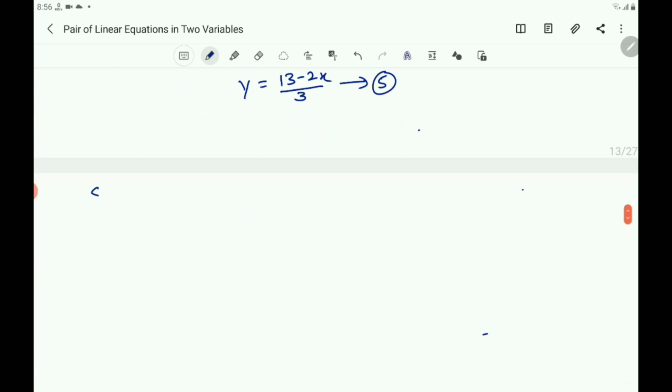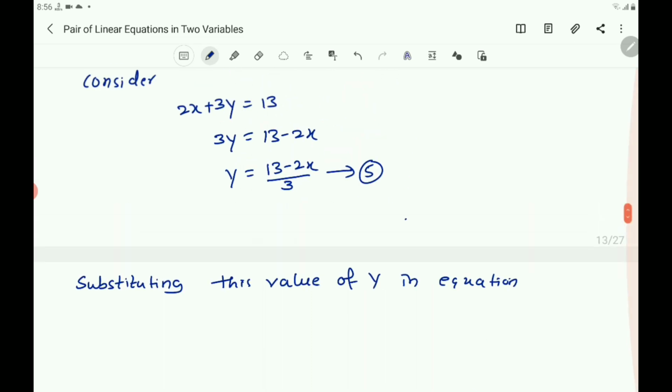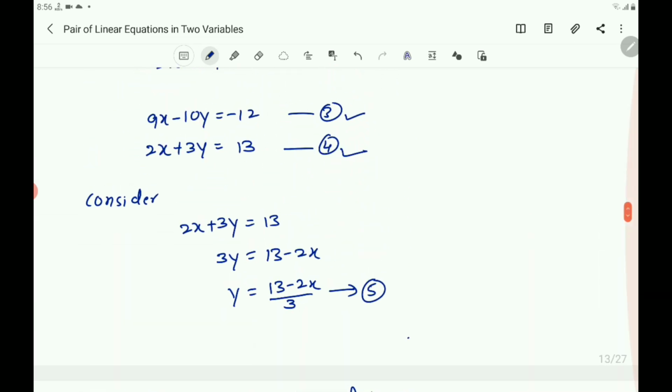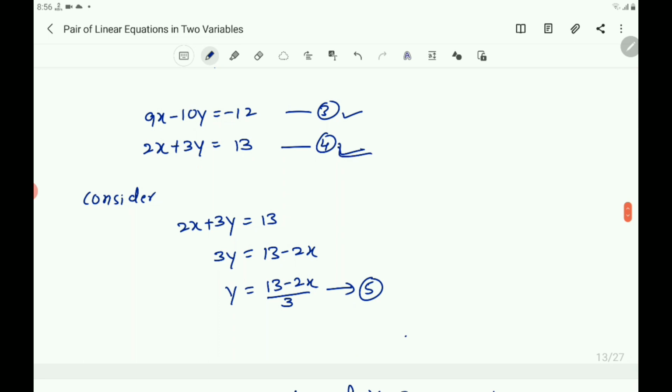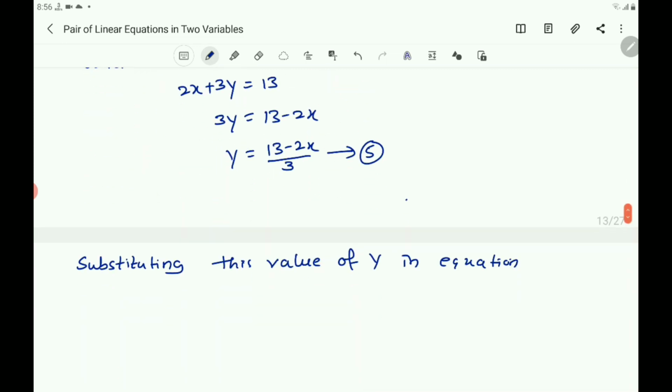Now by substituting this value of y in equation, which equation do we have to take? For the first step we have taken the fourth equation. Therefore we have to take the third equation for this step.